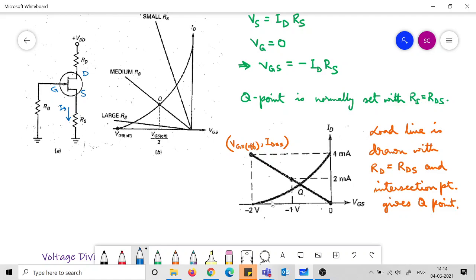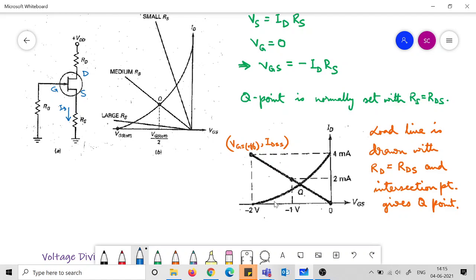Another way to do it is simply to use the square law equation for the transconductance curve. You use that, and the equation of this line which begins at origin and ends at VGS of IDSS.